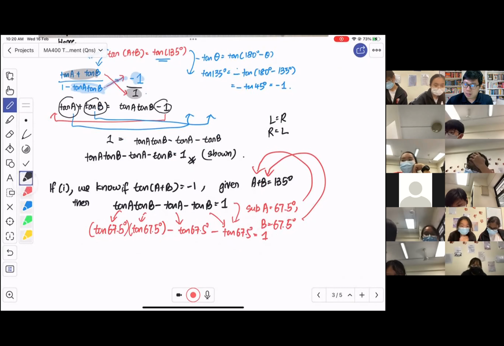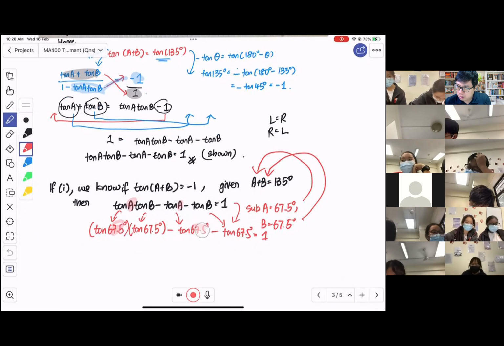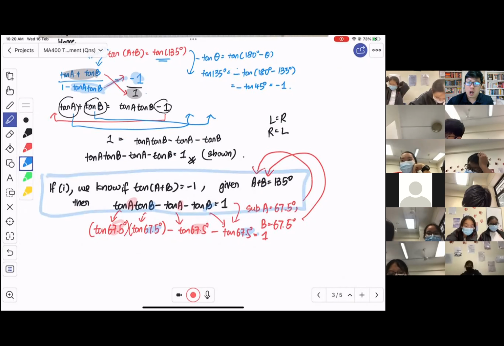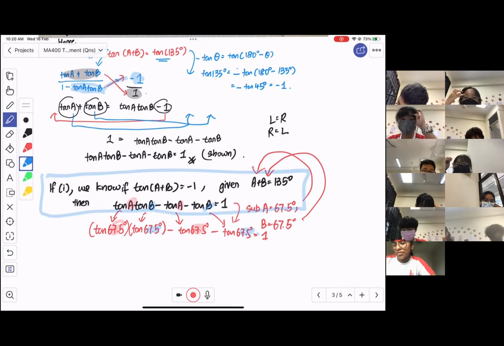You notice how I've substituted all my A's as 67.5 and all my B's as 67.5. The reason is because A plus B is 135. This is from part 1, and I'm making full use of part 1's result.